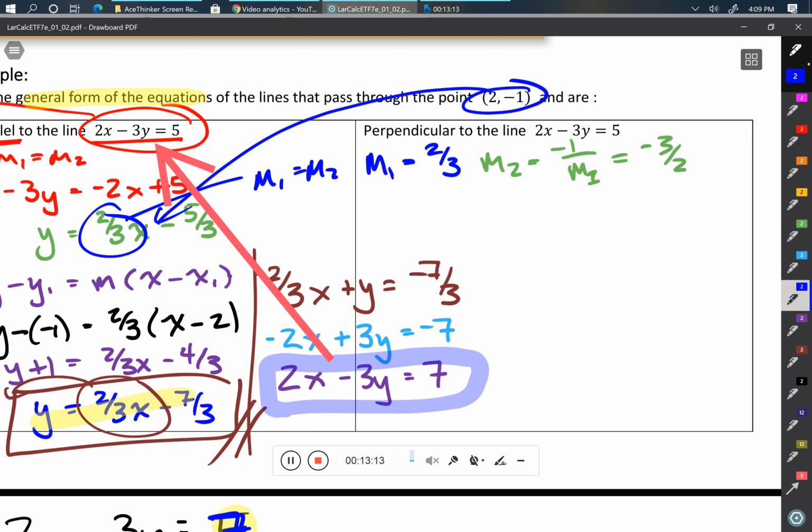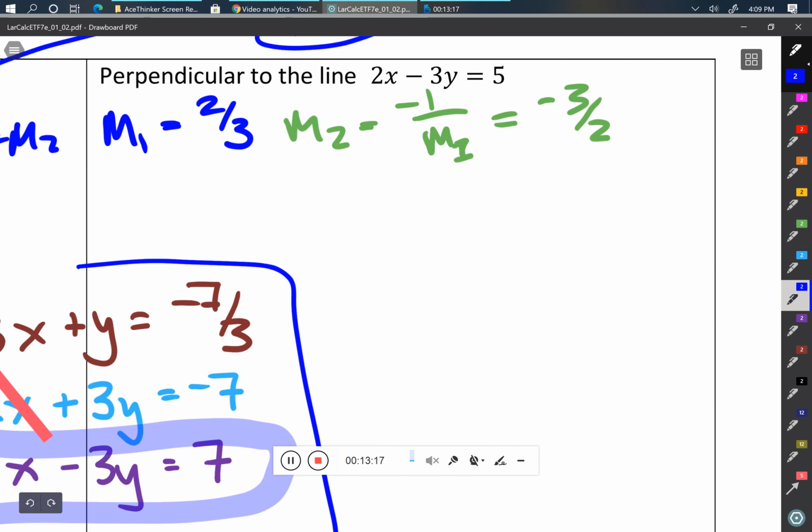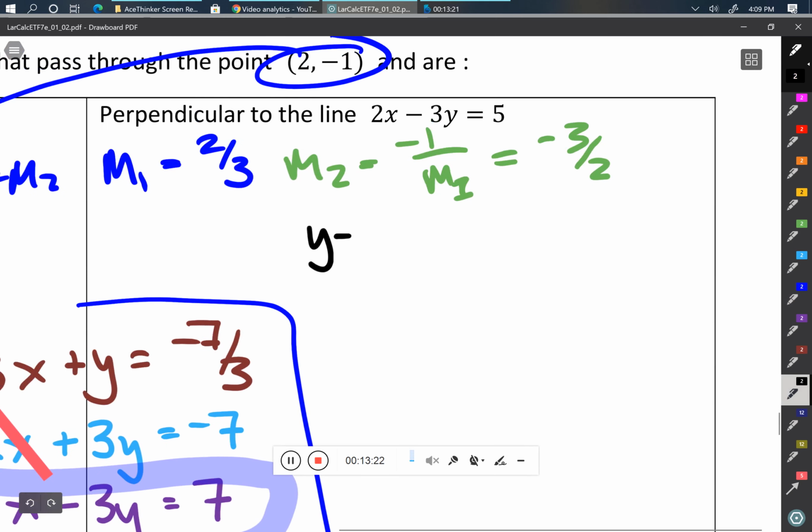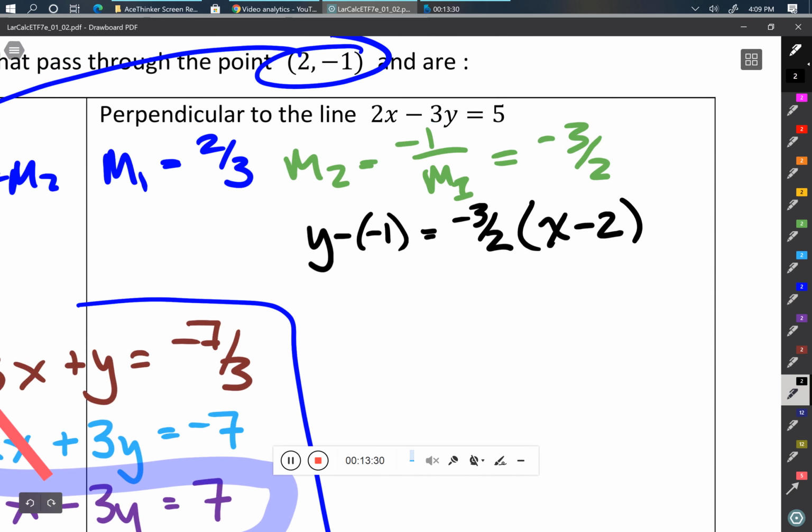So now I kind of do have to use the whole point-slope business to make this work. So let's see. y minus negative 1 is equal to negative 3/2 times x minus 2. So y plus 1 equals negative 3/2 x plus 3.